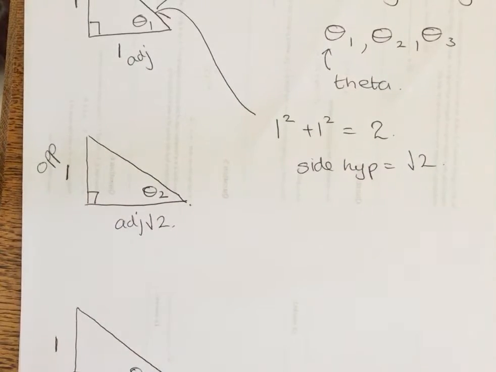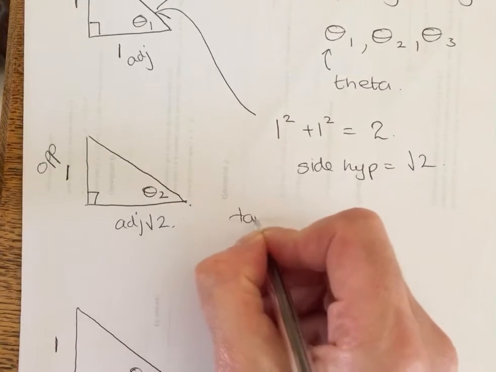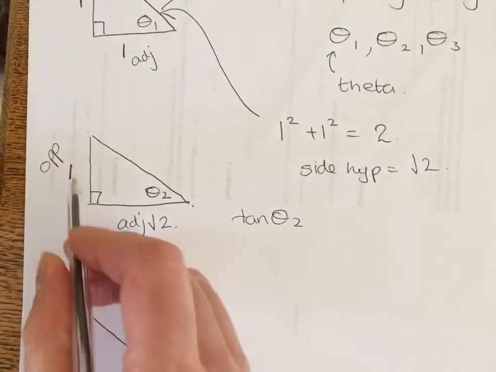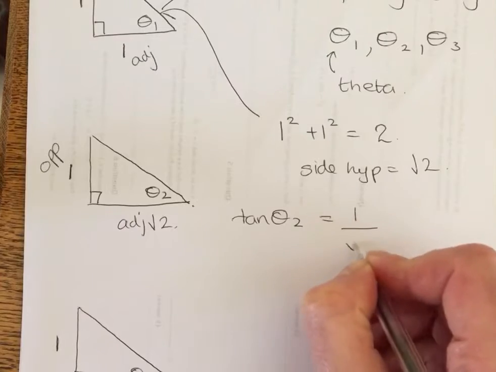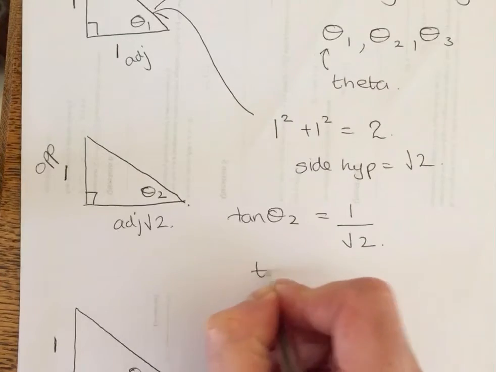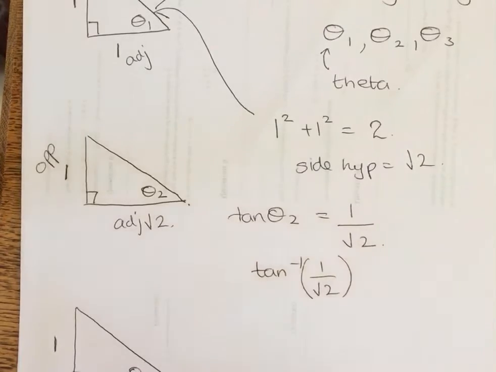So let's have a look at this one. The tan of theta 2, because again we've got an opposite and adjacent, is going to be 1 divided by root 2. So the angle is the inverse of that.